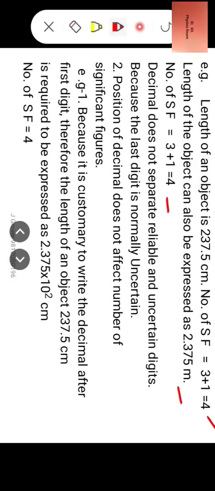For example, because it is customary to write the decimal after the first digit, the length of an object 237.5 centimeter is required to be expressed as 2.375 into 10 raised to power 2 centimeters, and number of significant figures is 4. So we see that the position of the decimal does not affect the number of significant figures.